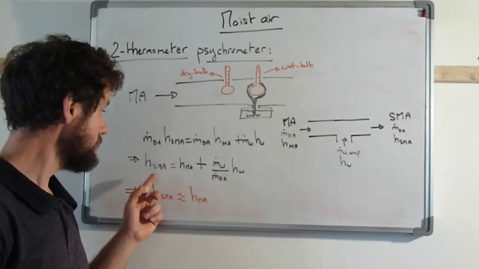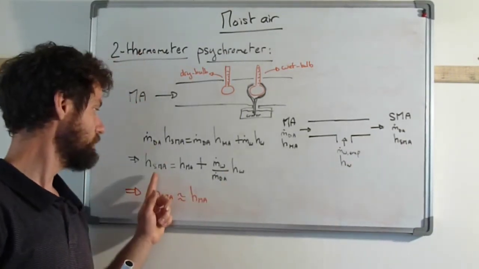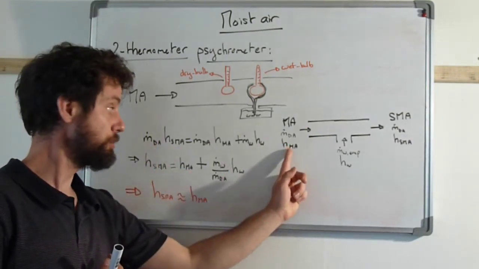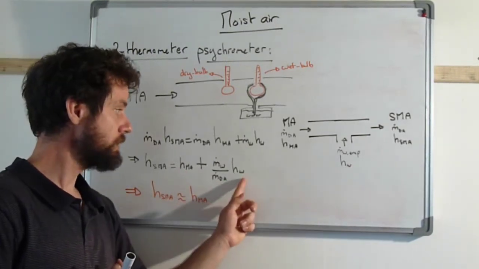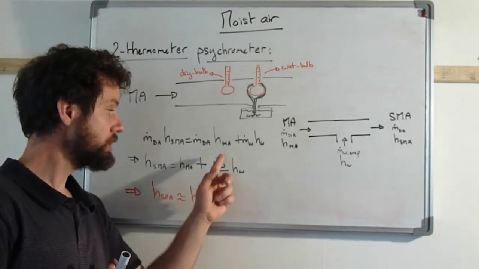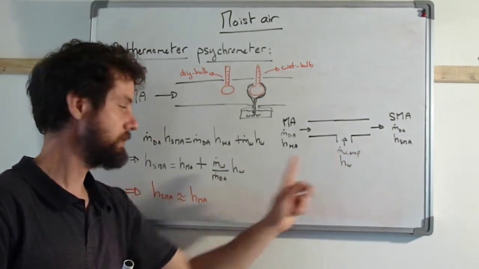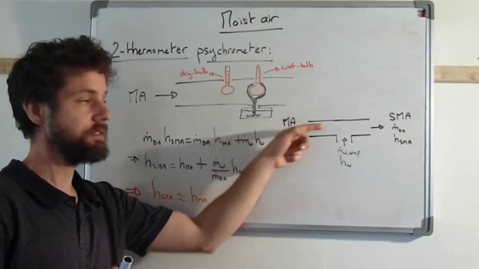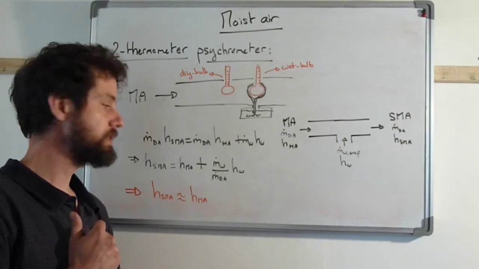This can be written as the specific enthalpy of the saturated moist air is equal to the specific enthalpy of the moist air plus the specific enthalpy of water multiplied by the ratio of mass flow rate of water that is evaporated divided by the mass flow rate of dry air that is coming. But here we can do two approximations.